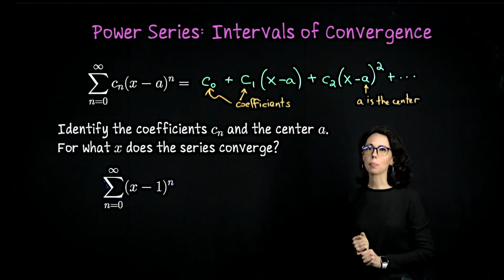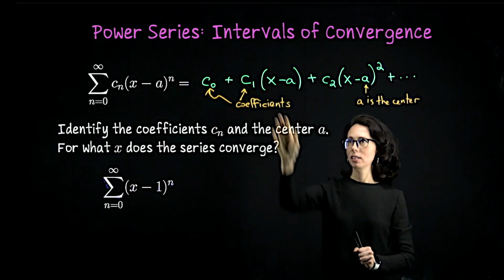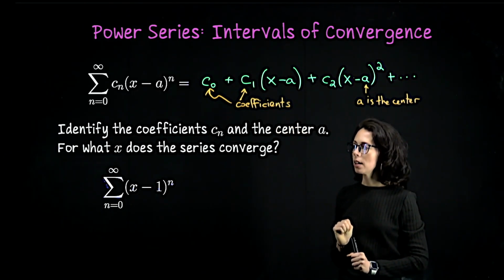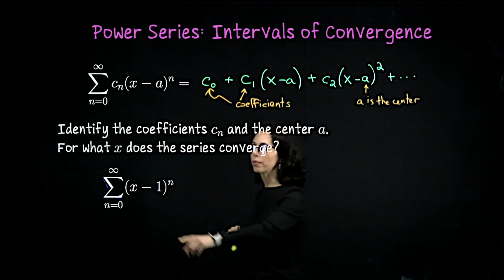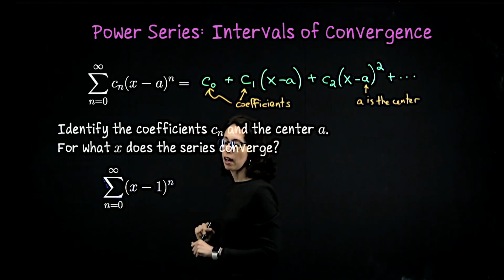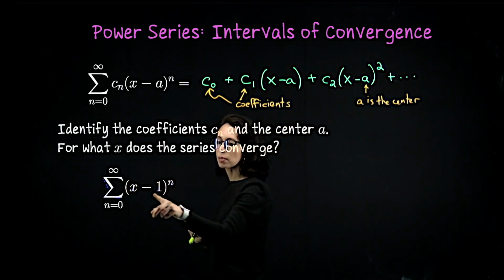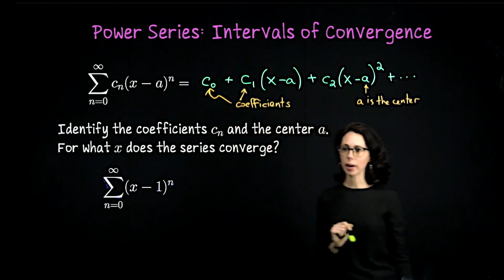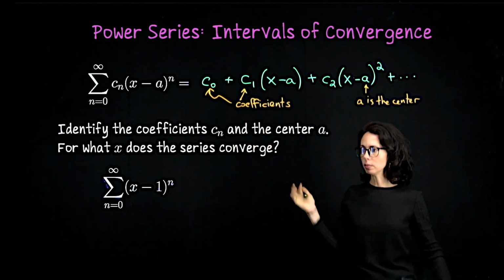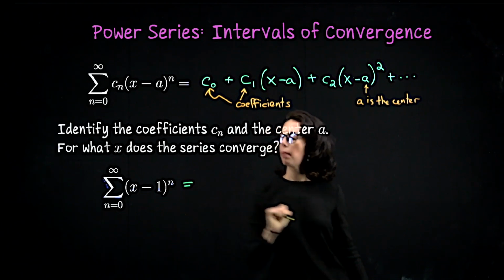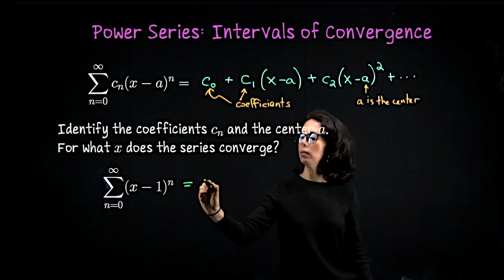Let's look at an example where we have this kind of non-zero center here. So consider the power series going from n equals 0 to infinity of terms which look like x minus 1 to the nth power. If I start to write this out, my first term is going to be the number 1.